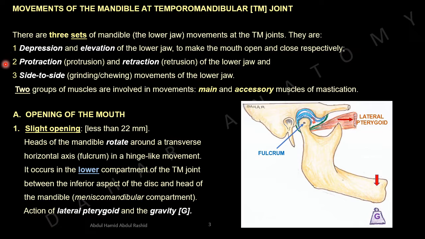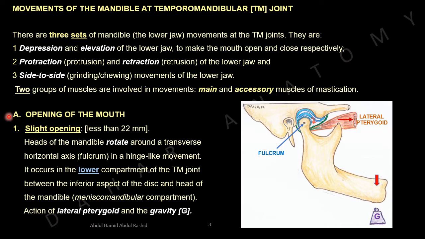And 3, side to side, that is grinding, chewing movements of the lower jaw. Two groups of muscles are involved in movements of the temporomandibular joint. They are the main group of muscles and accessory muscles of mastication.